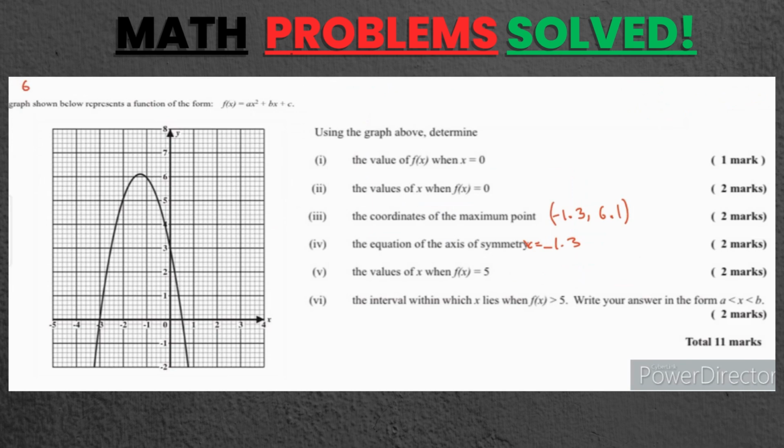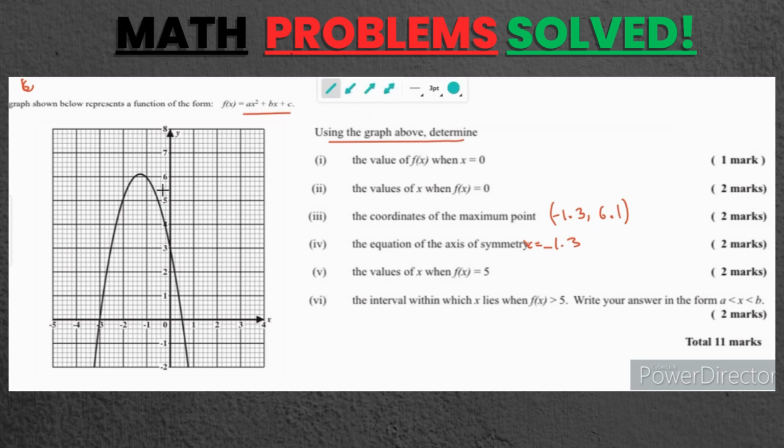So question number 6. What it says, the graph shown below represents a function of the form ax squared plus bx plus c. So we have a quadratic function, right? Using the graph above, we have to determine the value of f(x) when x equals 0.